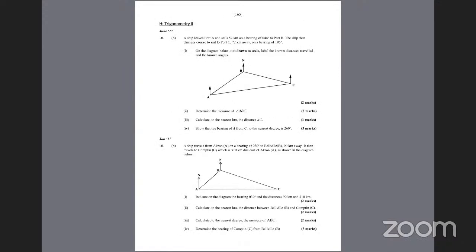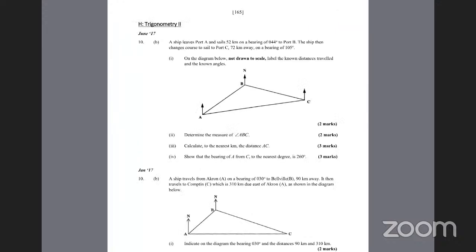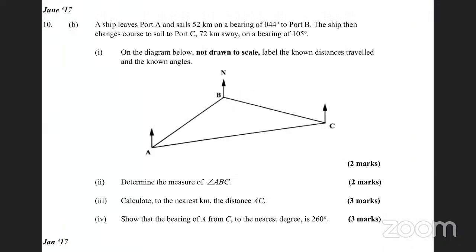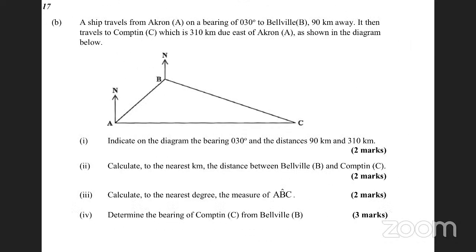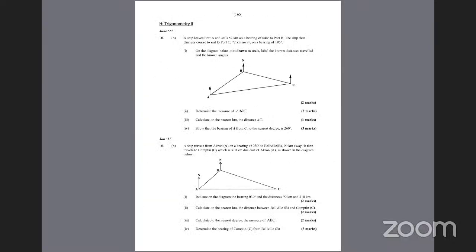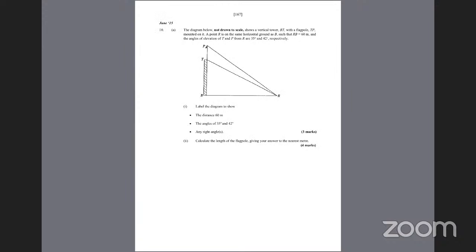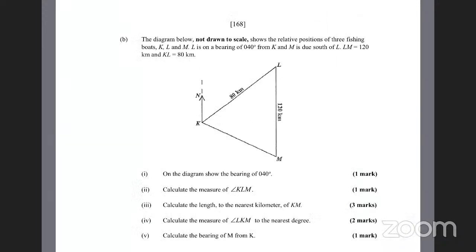Pick June 2017. That was the last one. June 17 or Jan 17 was the last one. Jan 17. Okay. So let's take a look at June 2017. Check the values and make sure. I gave you this one already, the one with the ship. And this one here, we did. Oh, okay. So we don't have much to do there. We have angles of depression to do, but we can do that later on.